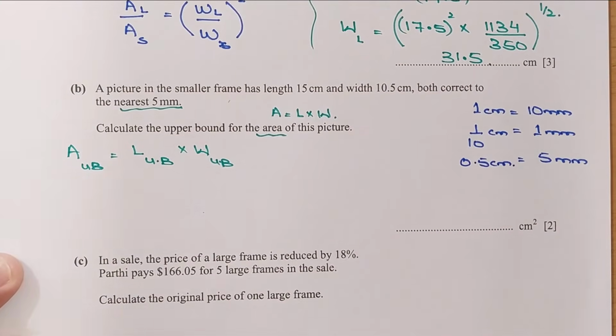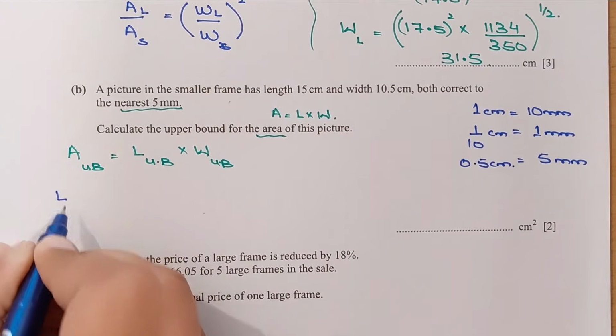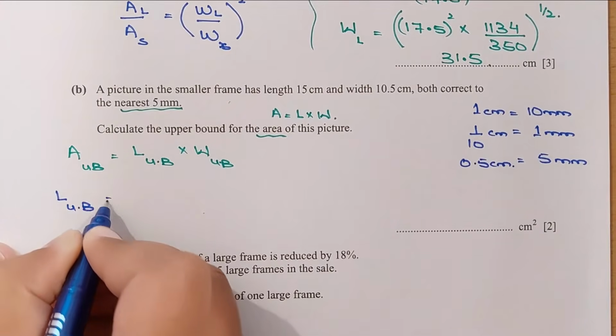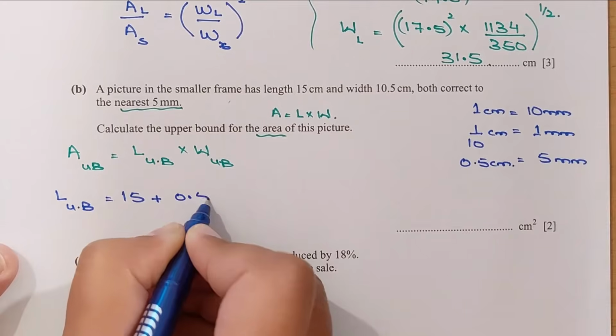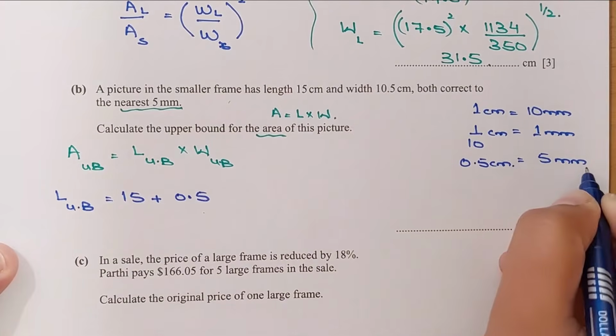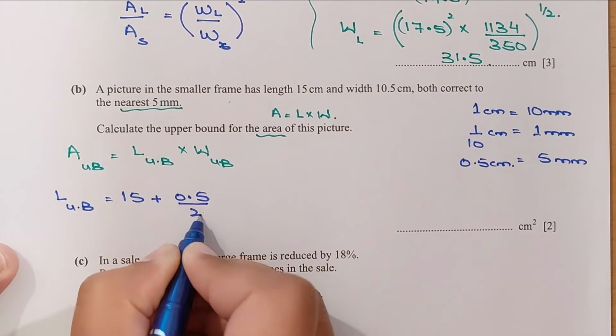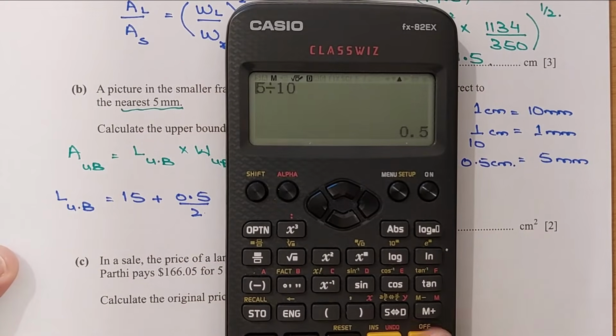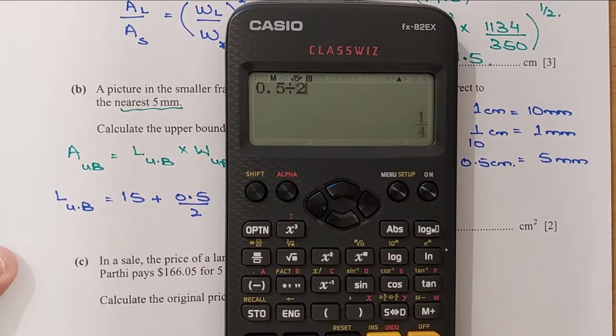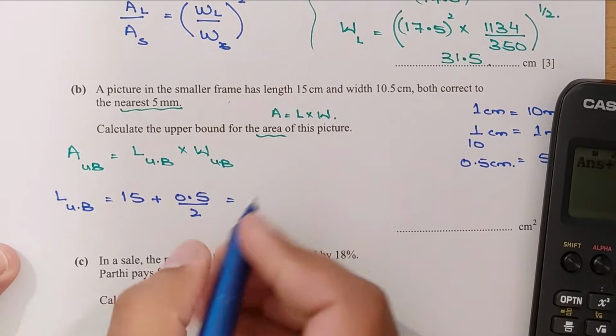Let me do the length first. The length is 15. For the upper bound we add 0.5 centimeters, that is 5 millimeters, divided by 2, right? So 0.5 divided by 2 added to 15 is 15.25.